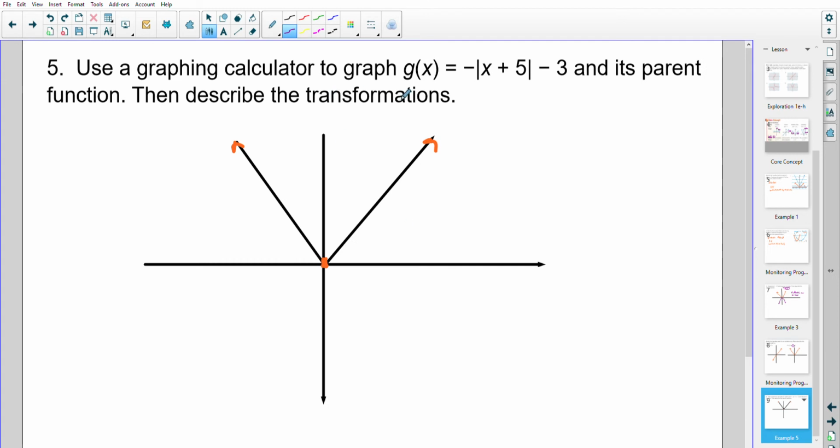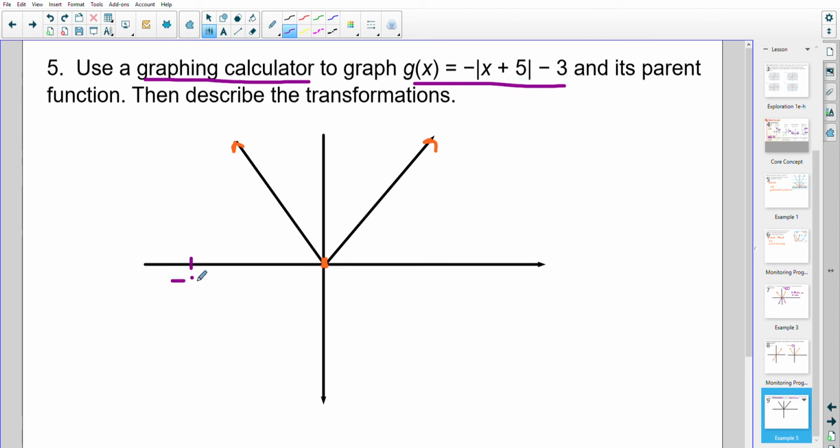And the last problem, it says using your graphing calculator, but we'll do this on our own. The question is, how does this absolute value move to reflect g of x, which equals the negative absolute value of x plus 5 minus 3? It's going to move 5 to the left, because you're adding 5, it goes the opposite direction.